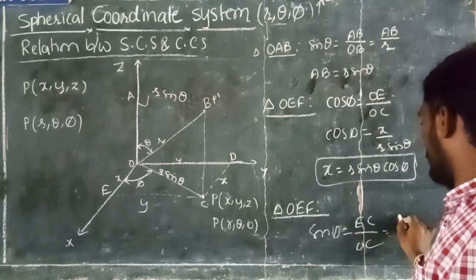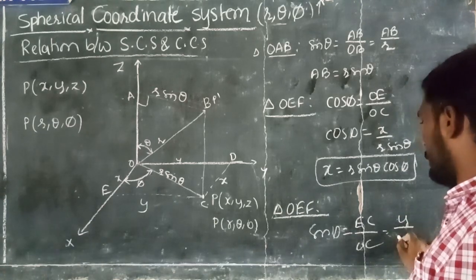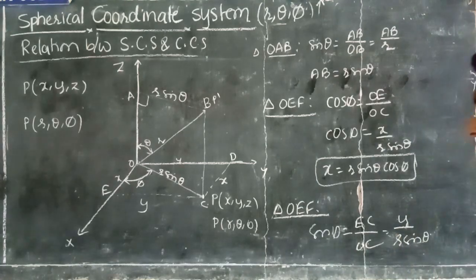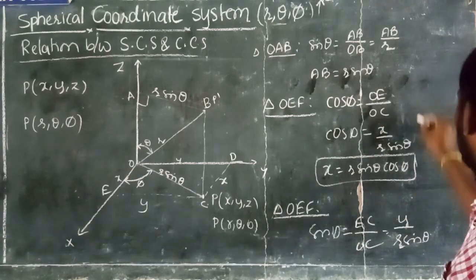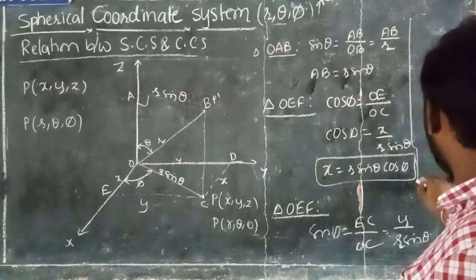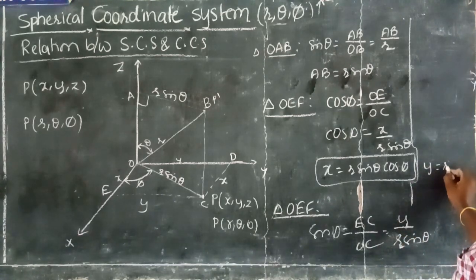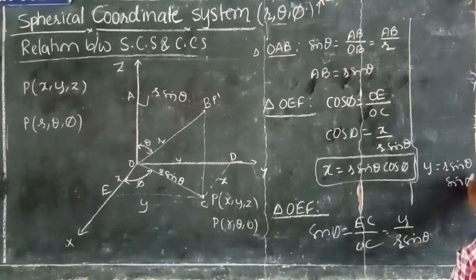EC means it is y, and OC is again r sin theta. So y is equal to r sin theta sin phi.